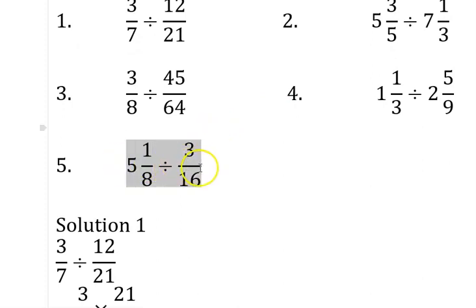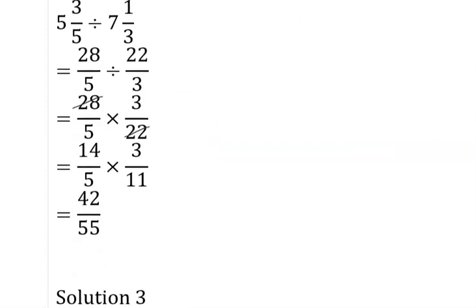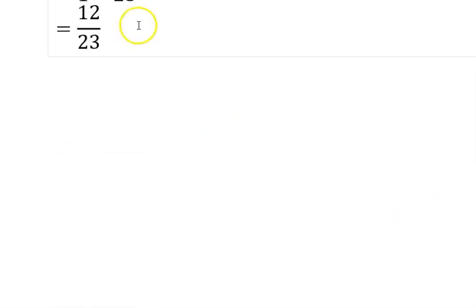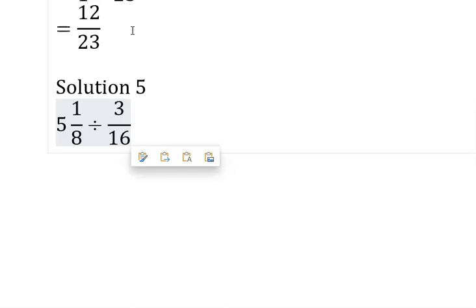1 mixed fraction divided by 1 proper fraction. It can come in any form. Let's see solution number 5. Great. So we have 5 1 over 8 divided by 3 over 16.